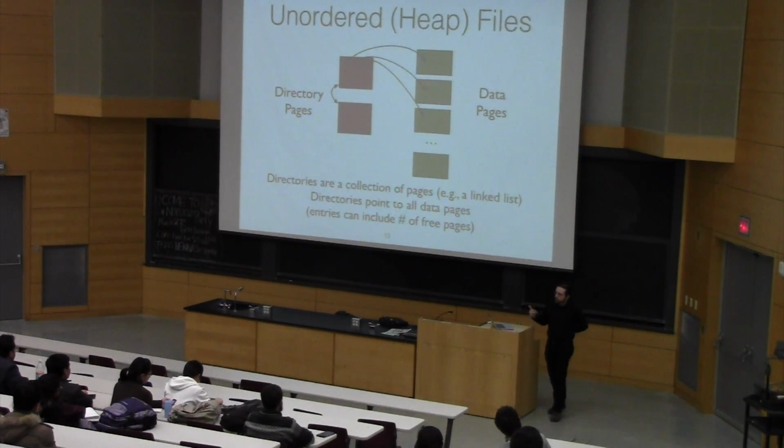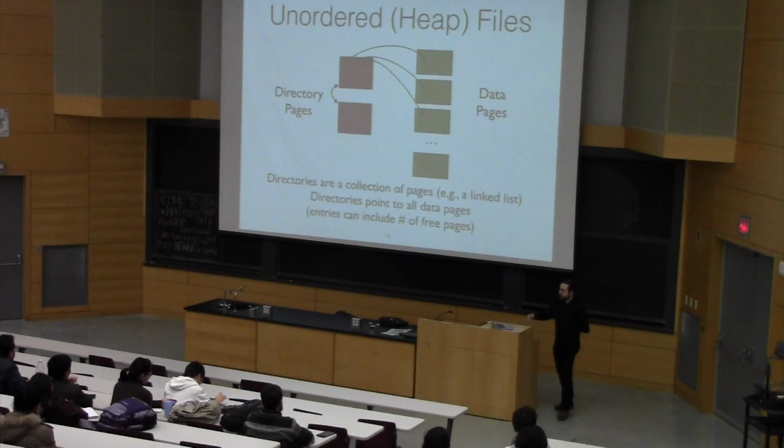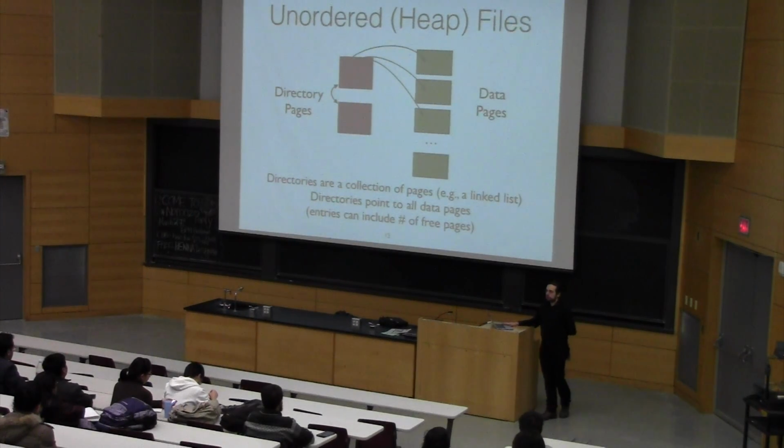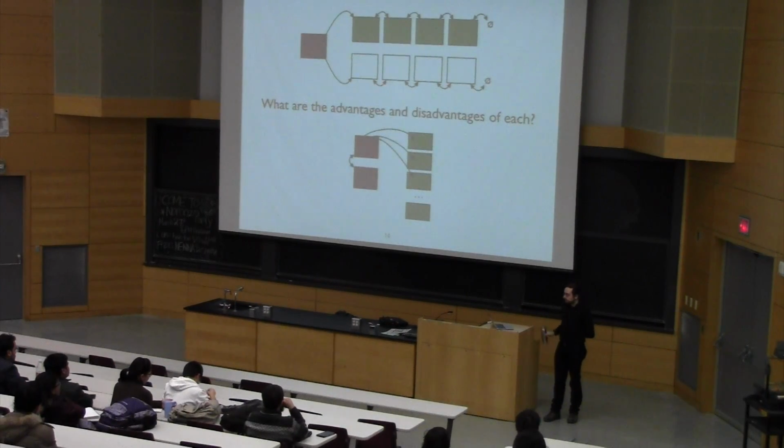So why would I use one of these over the other? I've got a linked list, and I've got a directory page that just lists out a set of data pages. Why would I prefer one of these over the other? Search time.